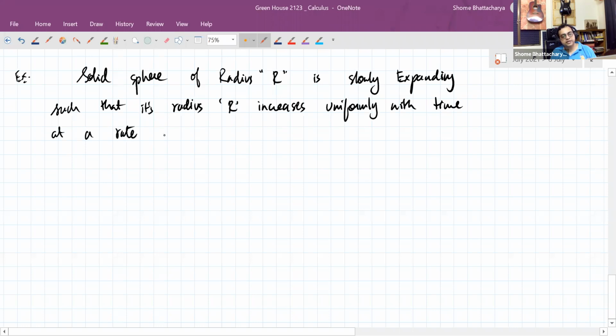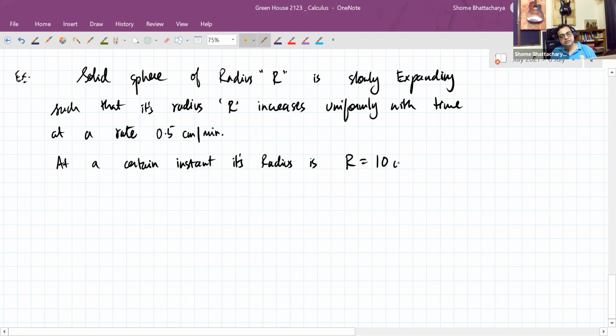So let's say this time the rate is equal to say 0.5 centimeters per minute. Now at a certain instant, its radius is R equal to 10 centimeters. You have to find the rate at which its diameter is changing.